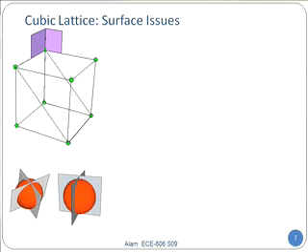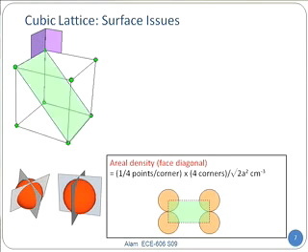Now, what about if I had a different surface? Because remember, I can take a knife, let's say, and cut surfaces at any angle I want. So if I cut it along the body diagonal angle, then should my surface density remain the same? Of course not.